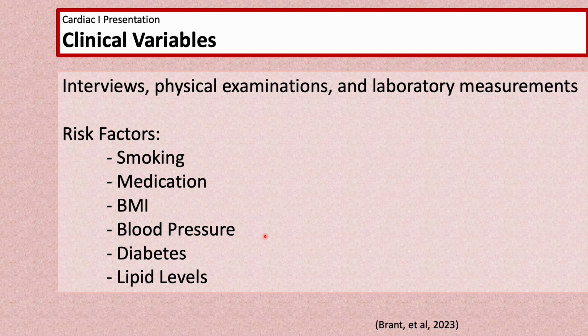Another risk factor is diabetes, as well as just the lipid levels. So that would be HDL levels, LDL levels, and total lipids.